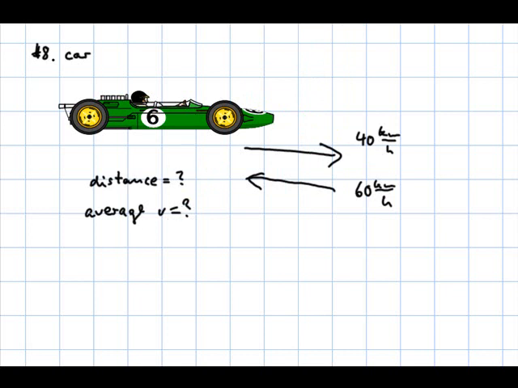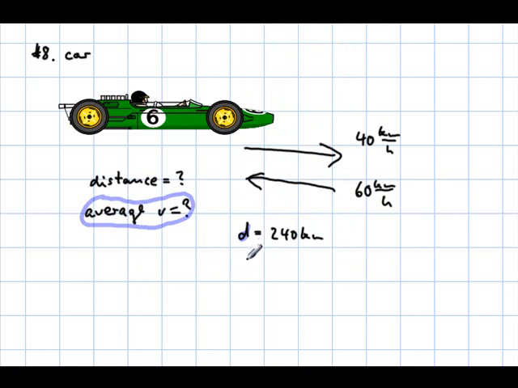In that case, what I like to do is use a token distance, one that I make up, that helps me to figure out this problem. And the distance that I like to make up is 240 kilometers. Why? Because both the 40 and the 60 divide easily.